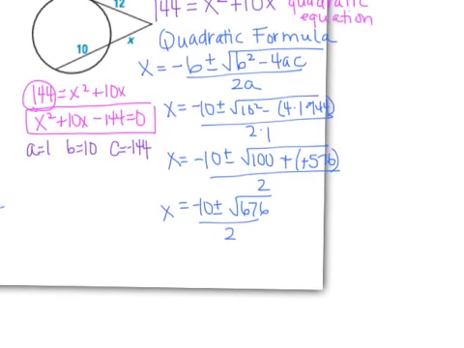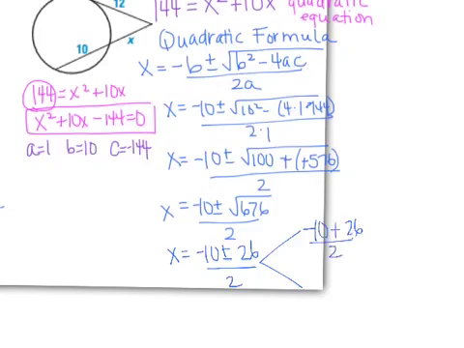From here I can take the square root of 676. That's 26. And then I have two things to do. I have negative 10 plus 26 over 2. I have negative 10 minus 26 over 2. So the first one, negative 10 plus 26 is 16. 16 divided by 2 is 8.